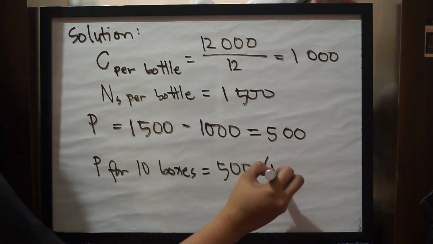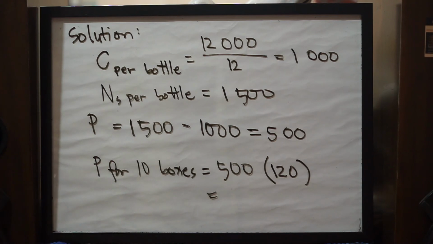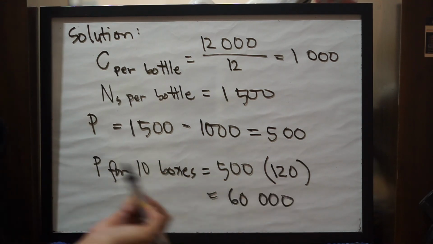So, 500 times 120, ang magiging profit natin is 60,000 pesos.